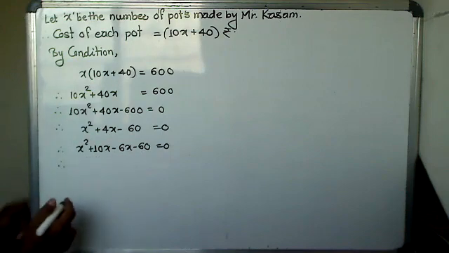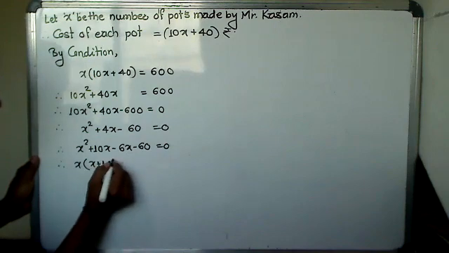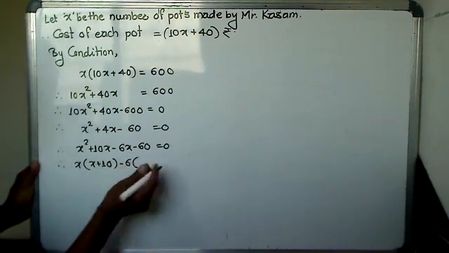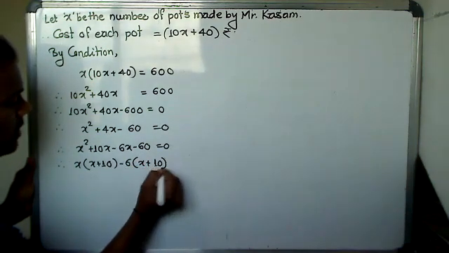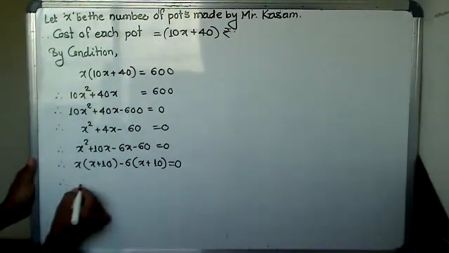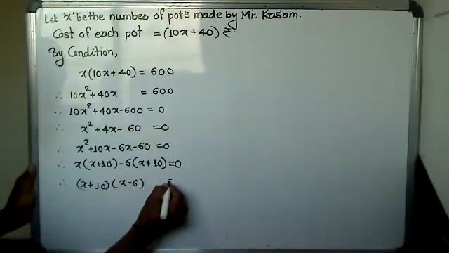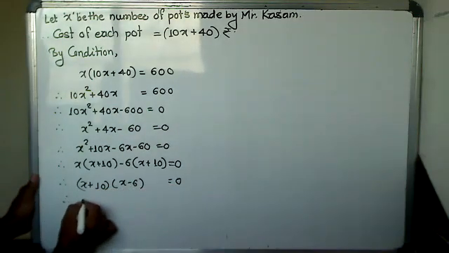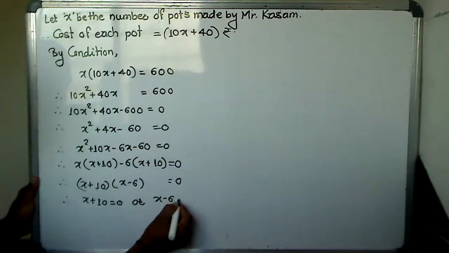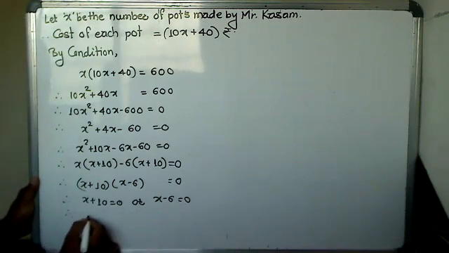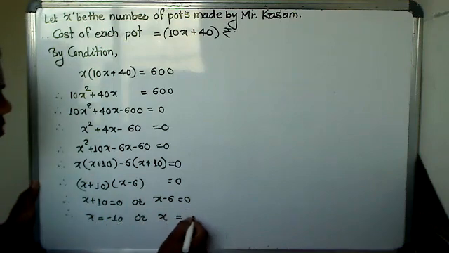Taking x common from the first two terms, x in bracket (x plus 10), and taking negative 6 common from the last two terms, (x plus 10). So again (x plus 10) into (x minus 6) is equal to 0. So x plus 10 is equal to 0 or x minus 6 is equal to 0. Therefore x is equal to negative 10 or x is equal to 6.